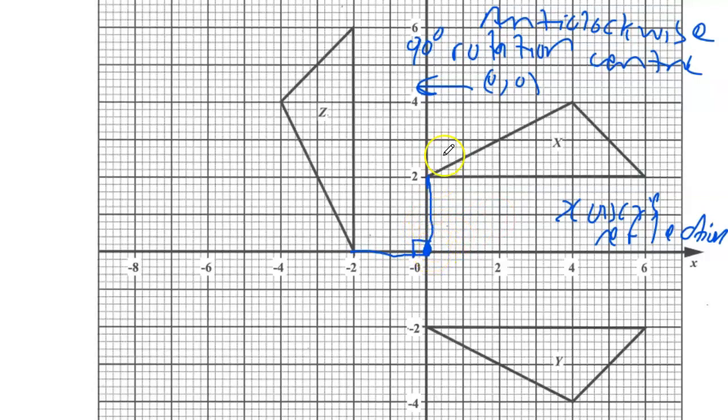Or if we should draw a line from the origin to another corresponding point, choose this point here, and to the corresponding image point here, then this angle, of course, would be 90 degrees. So to fully describe, the transformation mapping X to Z is an anti-clockwise 90 degrees rotation with center 0, 0. And from triangle X to triangle Y, this one is more straightforward, it is a reflection in the X-axis.